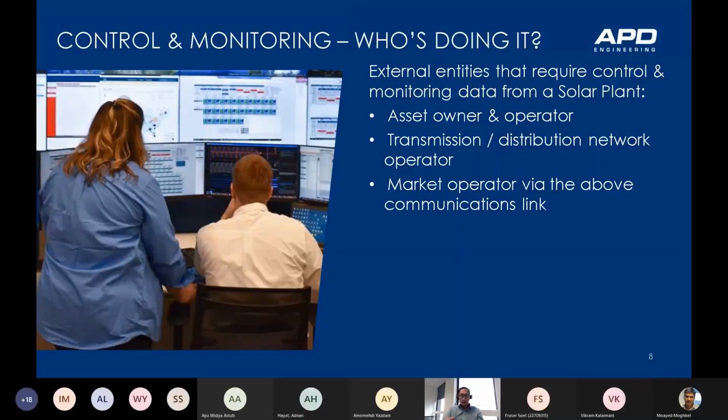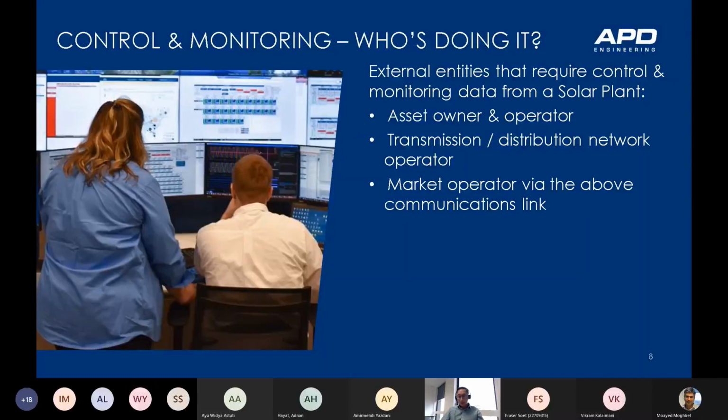These entities include the asset owner, such as Canadian Solar. They're interested in how their asset is performing, for maintenance purposes. It does depend on their operational strategy. There could be on-site personnel, but usually it's remote, so they look at it from somewhere other than site.